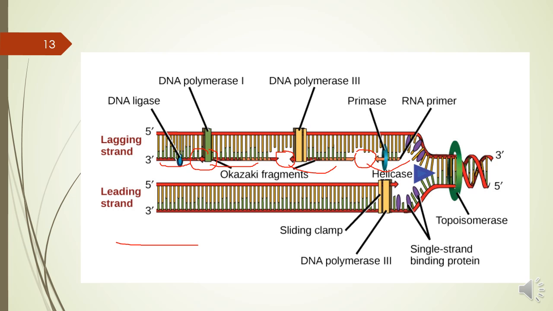Now, which enzyme is most likely to be mutated if this joining of two fragments is impaired? Of course, it's the DNA ligase, as this enzyme joins together Okazaki fragments.